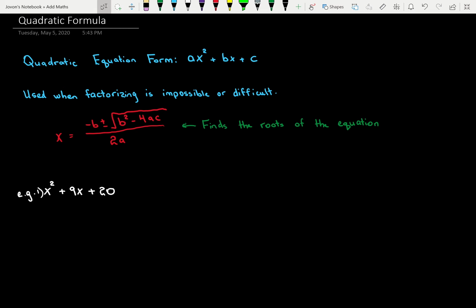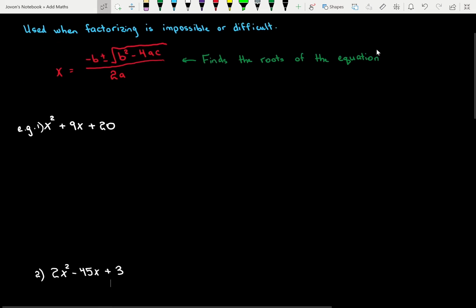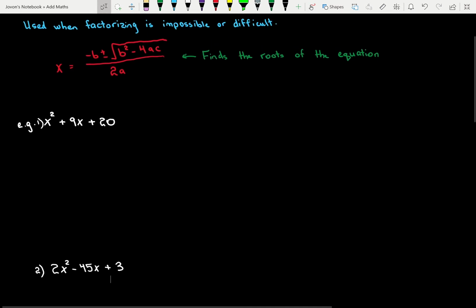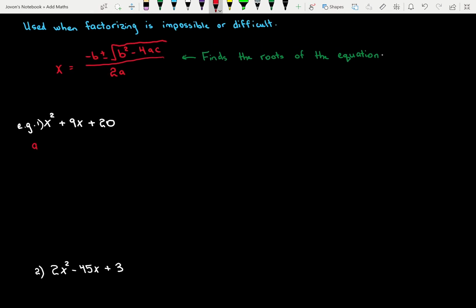So let's do this. In this one here, what we're going to do is identify the value of a, b, and c. So we know a is equal to 1, b is equal to 9, and c is equal to 20, okay?